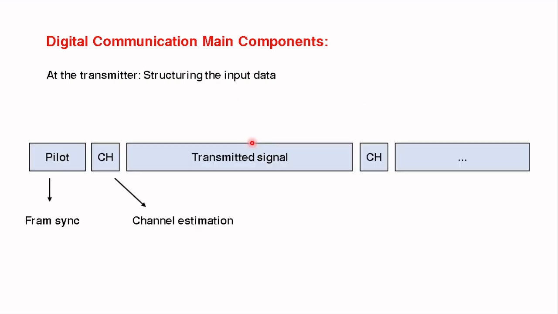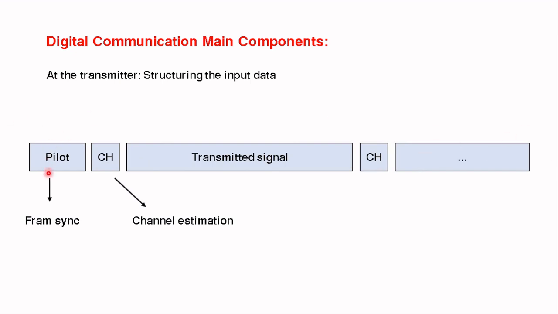So we have to structure our data for synchronization and channel estimation. For example, in the beginning of our signal, we use some pilots for frame synchronization, and then we use some pilots for channel estimation, and we put the first frame of our input signal, then another pilot for channel estimation, then another part of our input signal, and so on.